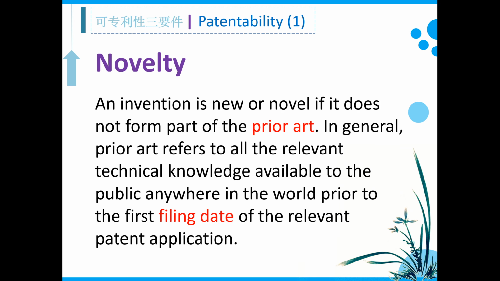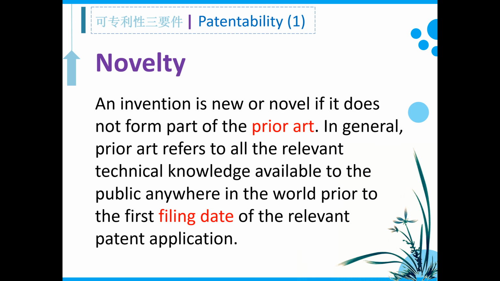So this is a universal novelty requirement. This invention is new in this country. It's never been disclosed in this country, never been used in this country, but it might be available to the public already in another country, in Africa. Well, if that's true, then this invention will not satisfy the novelty requirements. This is called the universal novelty requirement.